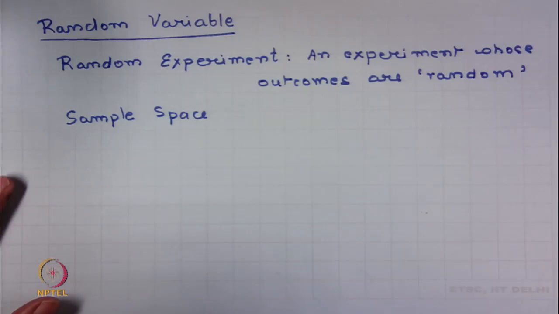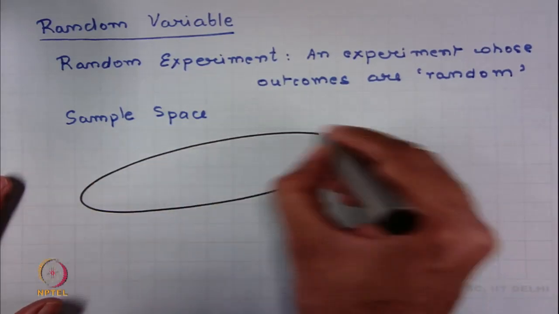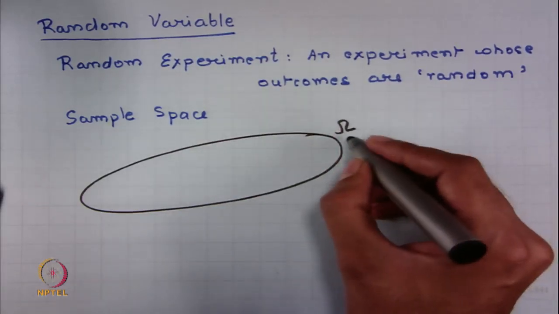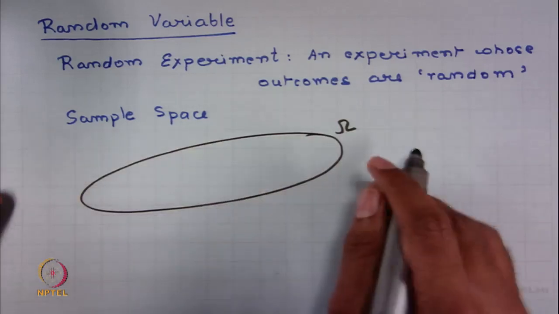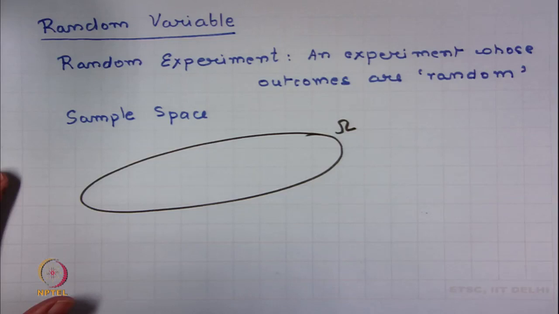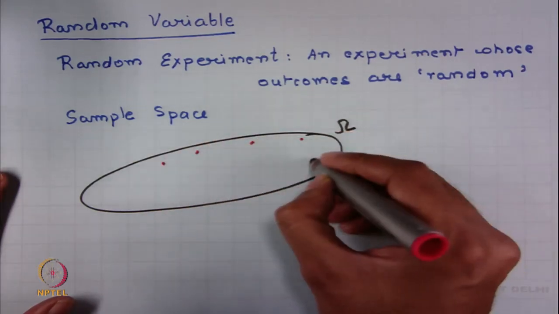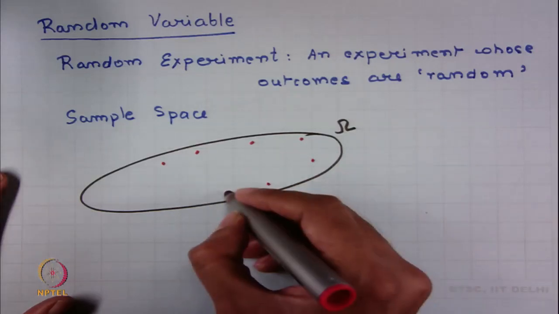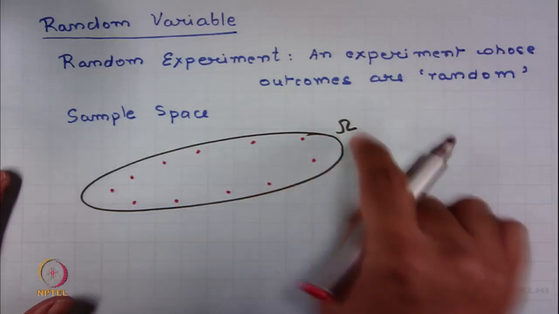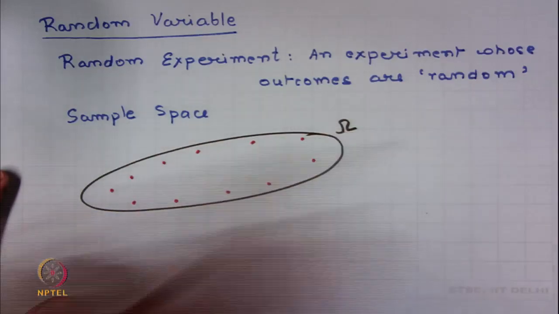Now, the second thing that we would like to define is the sample space. I draw a big circle and I use capital omega to denote the sample space. The sample space contains all possible outcomes of an experiment. If I do a random experiment, I get various outcomes, right, and the sample space contains all possible outcomes of that random experiment.